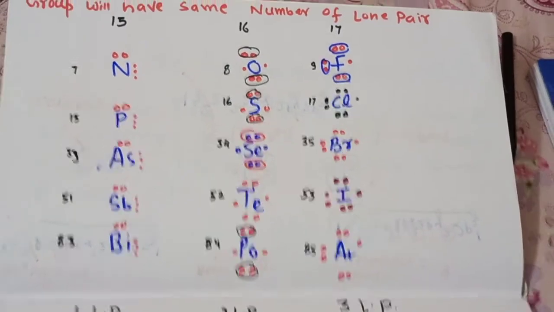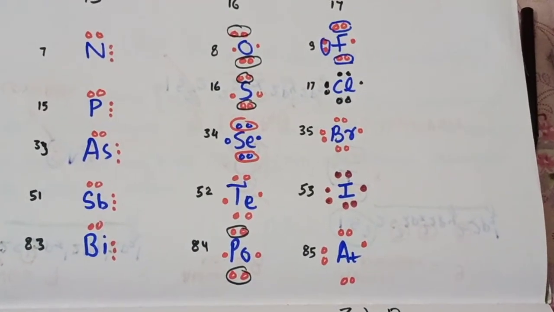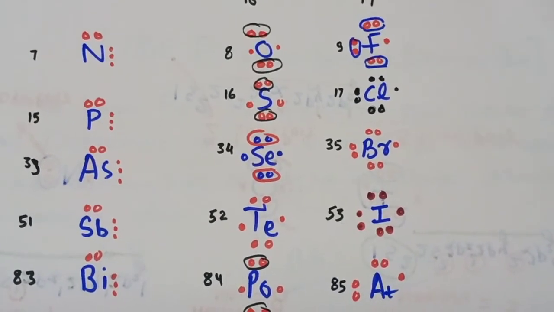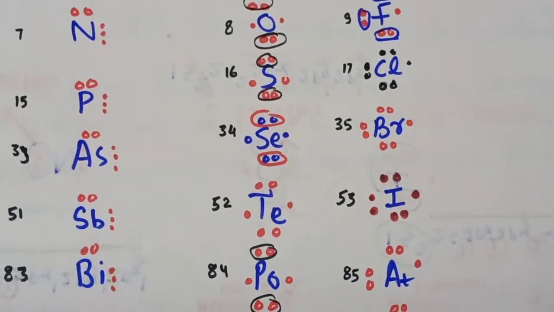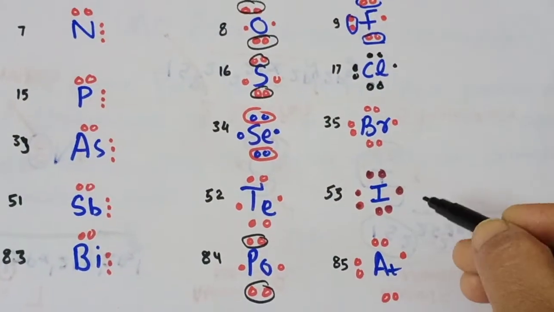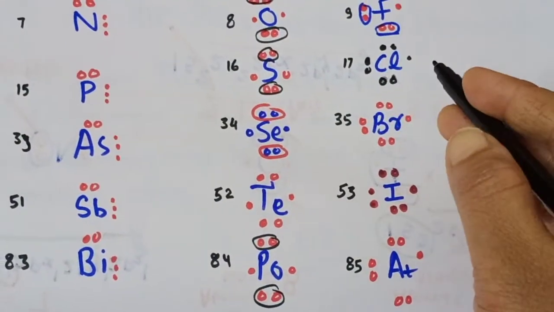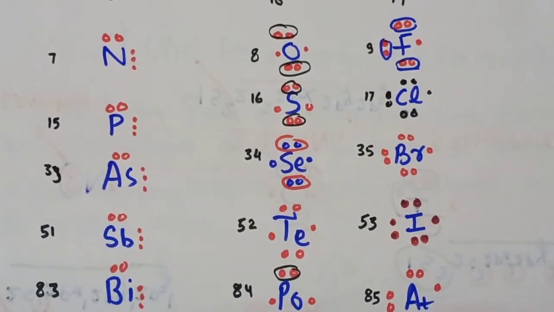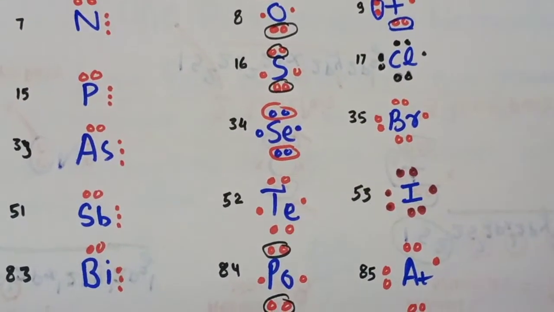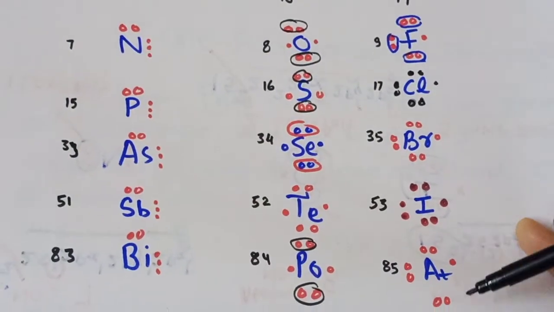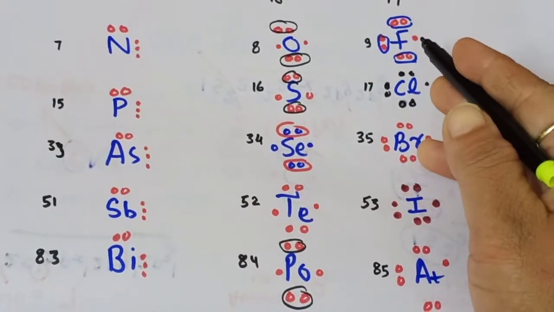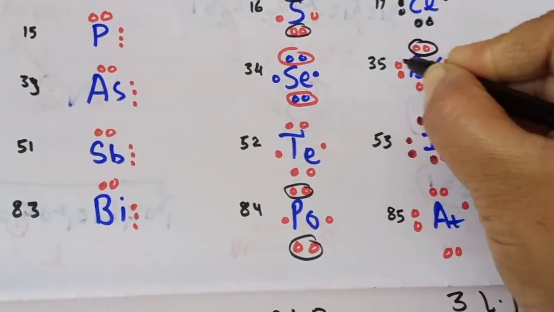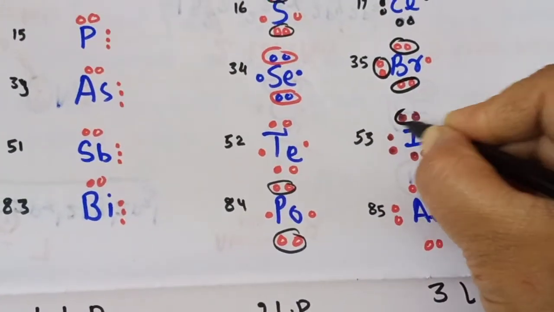Similarly, in our halogen family, it is very important because whenever we are studying hybridization, we mostly take examples like IF7, sometimes BCl2 or fluorine. So you have to remember the number of lone pairs of electrons remains the same in the group. So all the halogens will have three lone pairs of electrons in their outermost shell.